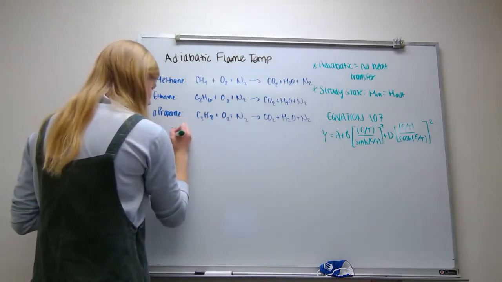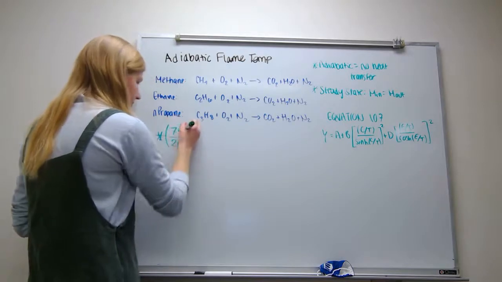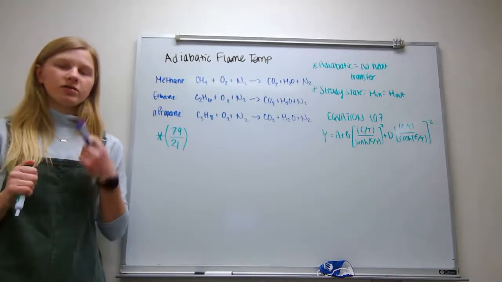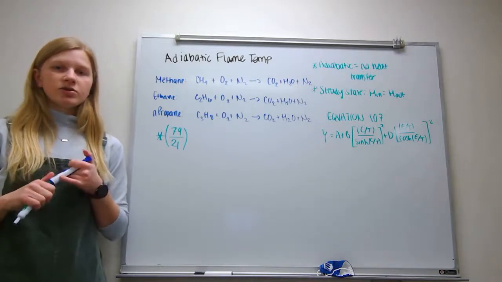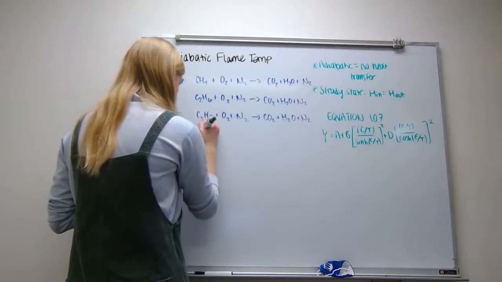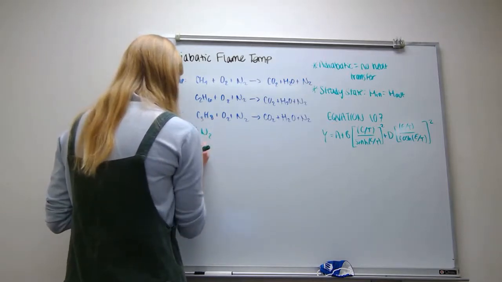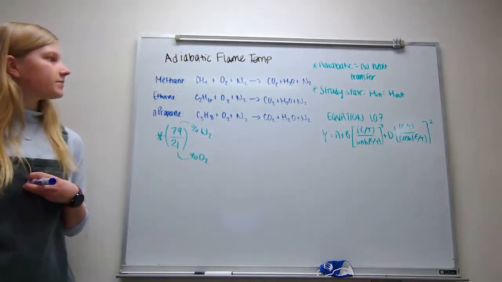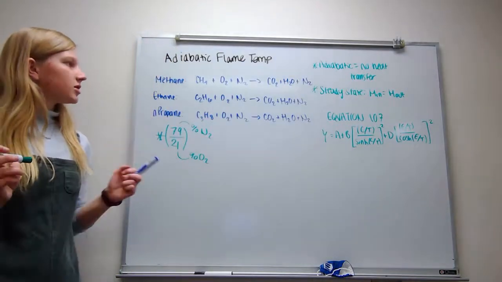It's going to be 79 over 21. We'll need to multiply that with the moles of oxygen that we're using. It's 79% nitrogen and 21% O2.